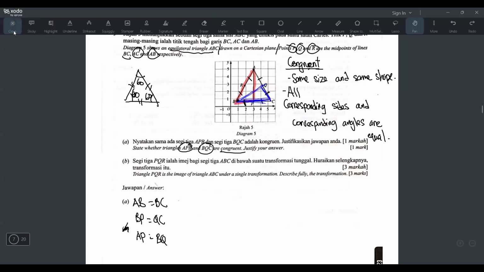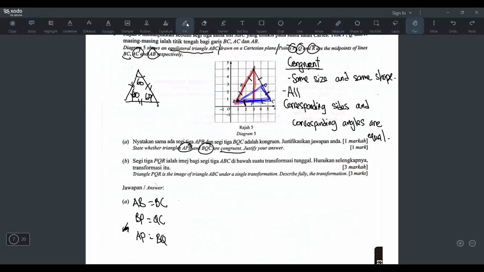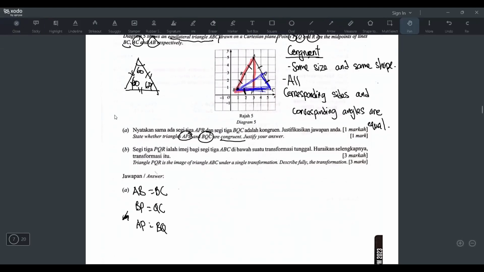But according to the notes I showed you, when it satisfies the SSS property, when all the lengths of corresponding sides are equal, the angles will automatically be equal also. It means they will automatically be congruent. Meaning if all three corresponding sides are the same, then you can say it is congruent, because all the corresponding angles will automatically follow and be the same too.